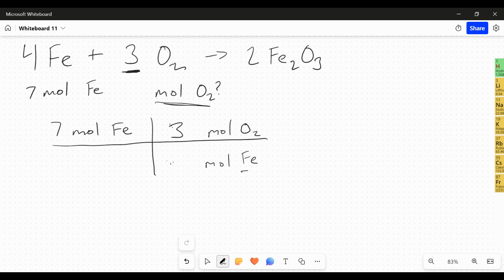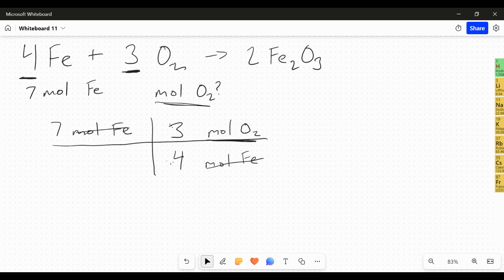On the bottom, I'm talking about moles of iron, so I'm going to put the coefficient of iron in that bottom spot. Put a 4. I'm going to cancel out my units. Now I have the unit that I'm looking for. I have moles of O2.